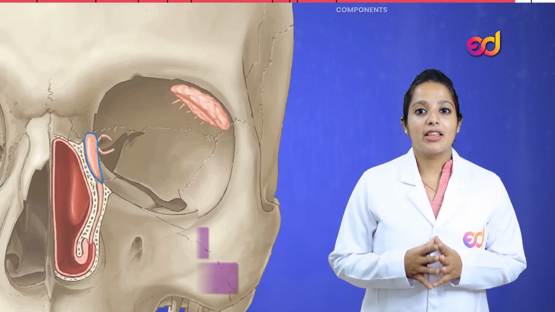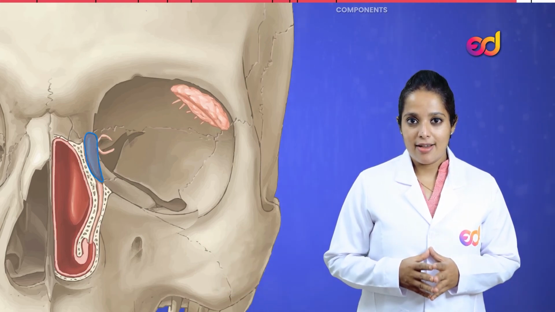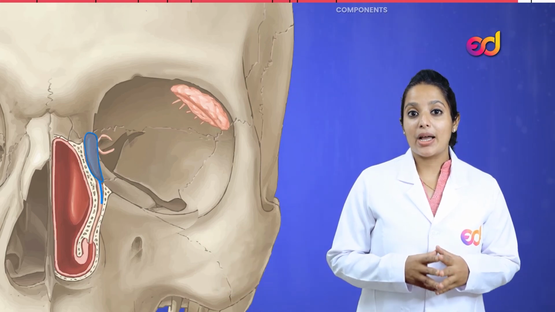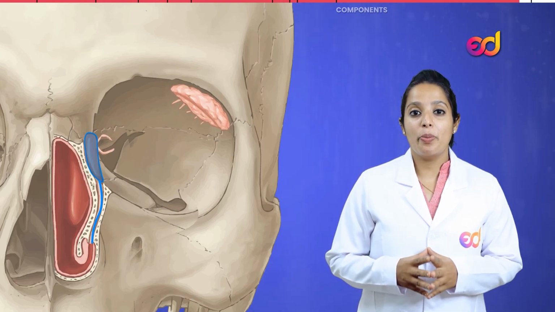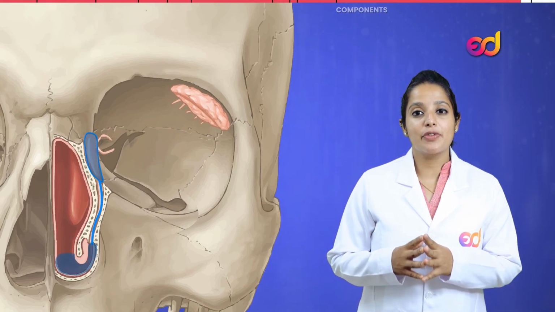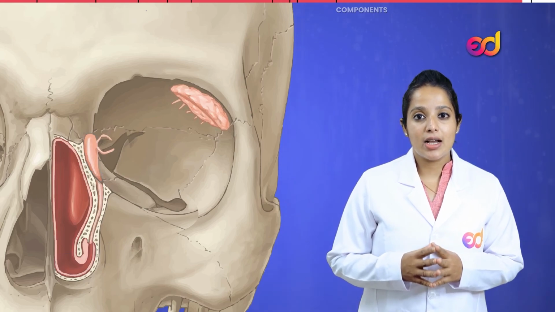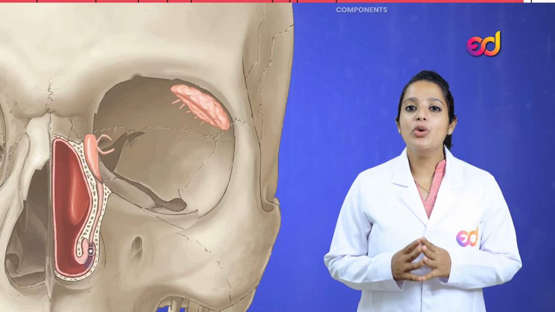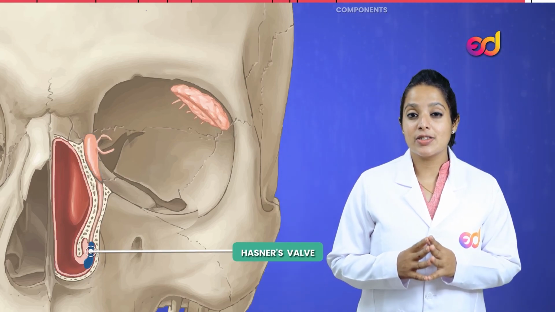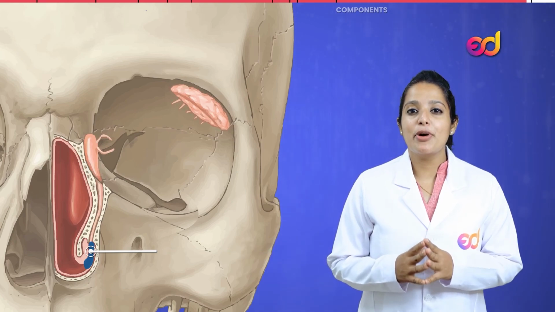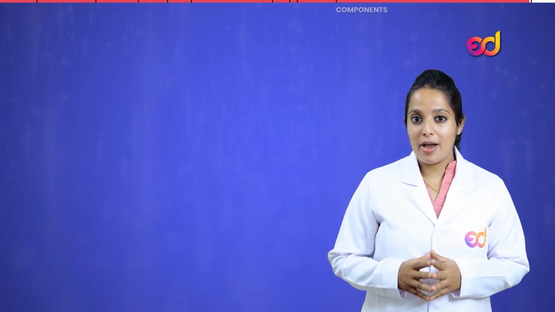It begins at the lower end of the lacrimal sac, runs downward, backward and laterally, and opens into the inferior meatus of the nose. At the duct's lower end, a fold of mucous membrane known as Hasner's valve forms an imperfect valve. Okay, that's it with the lacrimal apparatus.